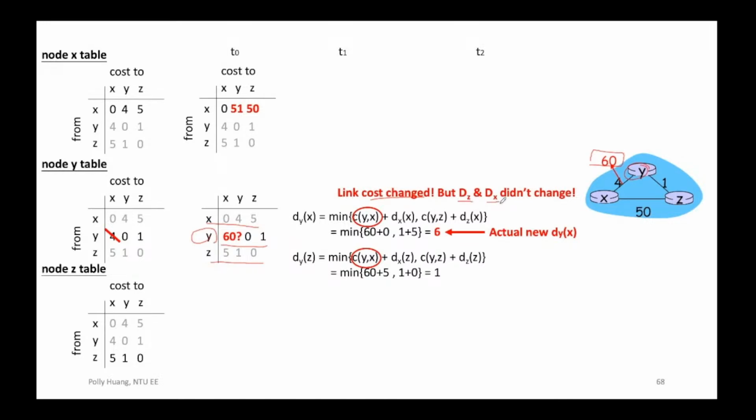So y is going to be using the old dz and old dx. Therefore, the old dz is telling y the shortest distance from z to x is 5 here. So in the short term, we will be under the false impression that this is the best route. Y sends to z, and z will somehow know a way. The cost is only 5 to x.